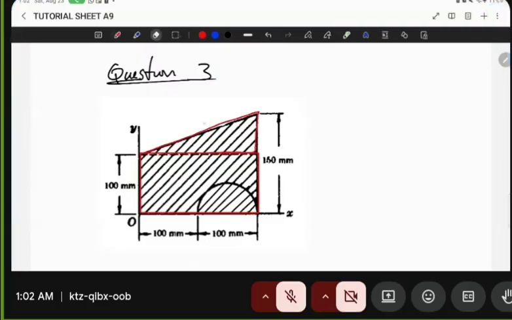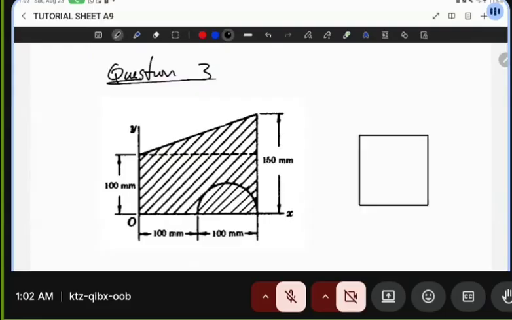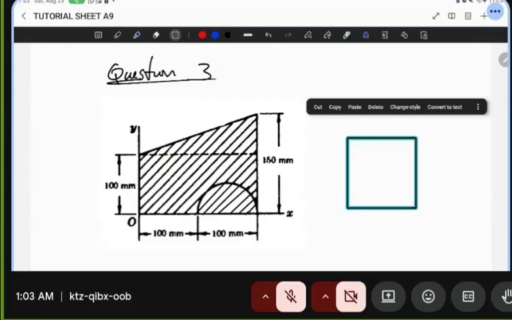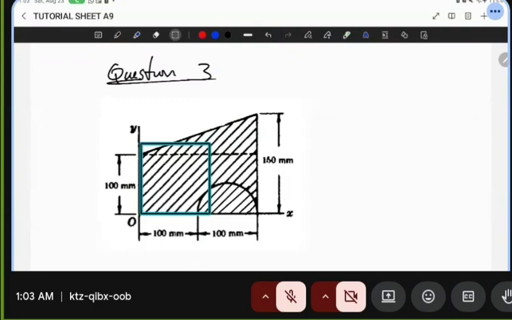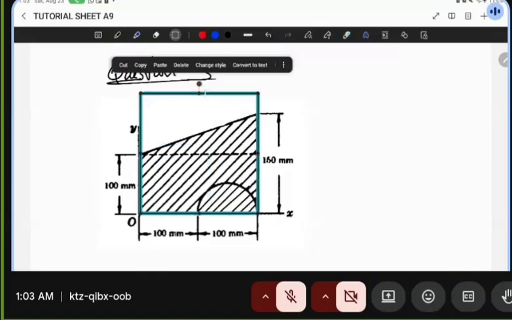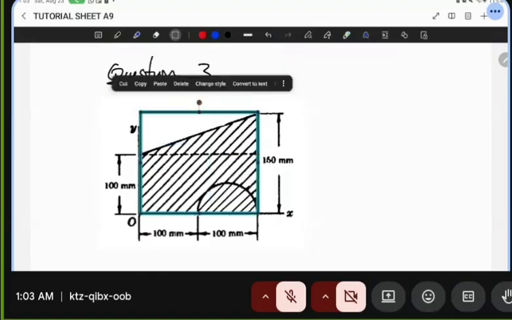This is one way you can approach it. But even better, you can look at it as if it doesn't just end there. Instead, we can look at it as if we have a full rectangle, going all the way up to there, and then like this.